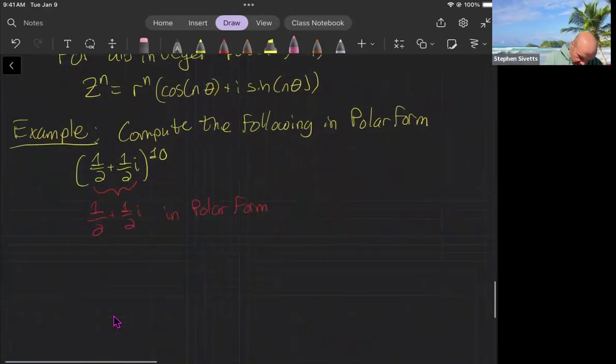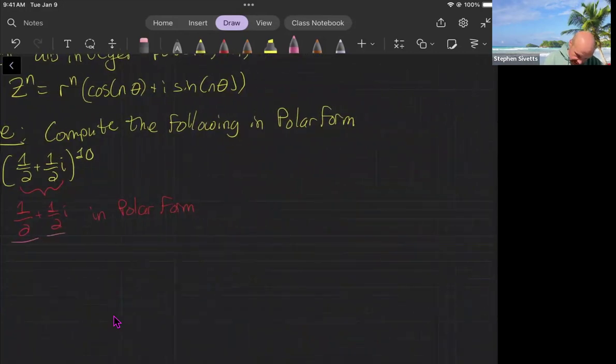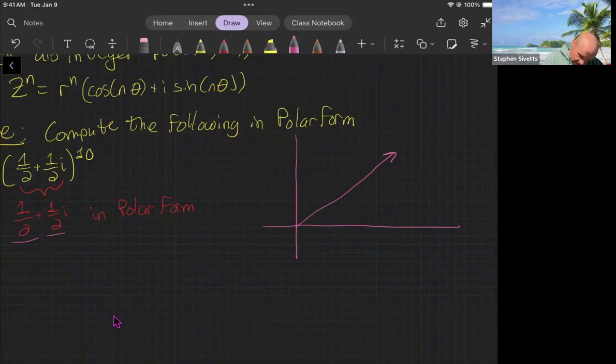And notice here, the numbers 1/2 appear the same in the real and the imaginary components. So they will produce the angle of pi over 4 radians, right? They lie on the line y equals x, right?